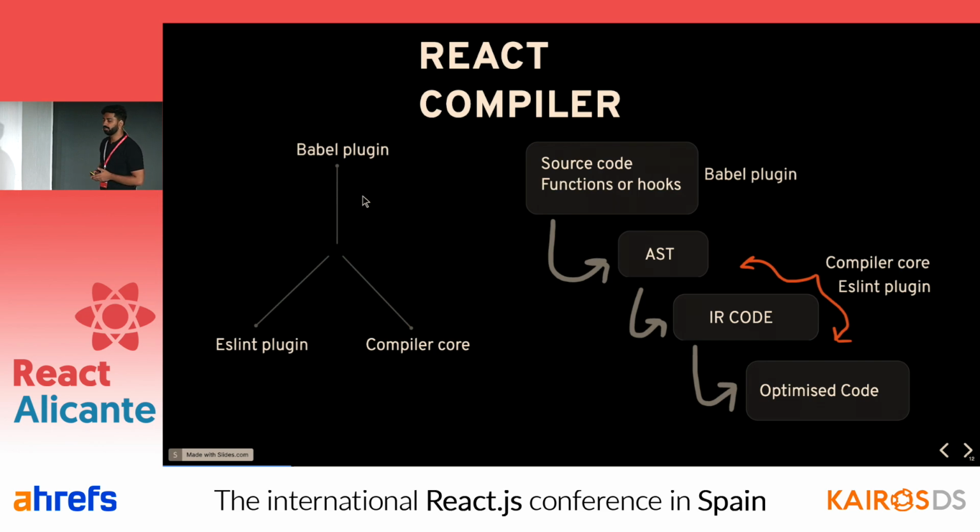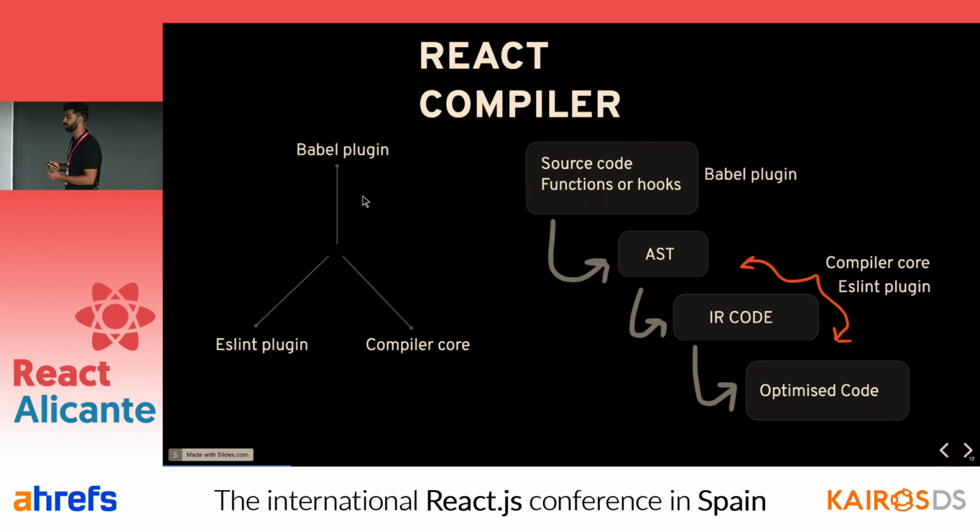Now, if you look at it from the angle of React's compiler itself, the Babel plugin is working under the scenes to make sure your code, that is your functions, your hooks, everything, gets converted into an abstract syntax tree. And it is the ESLint plugin that knows the rules of React. Are you writing React as per its rules, using hooks the right way?